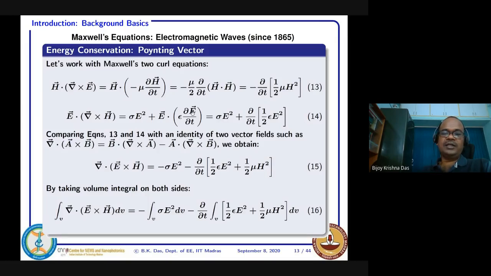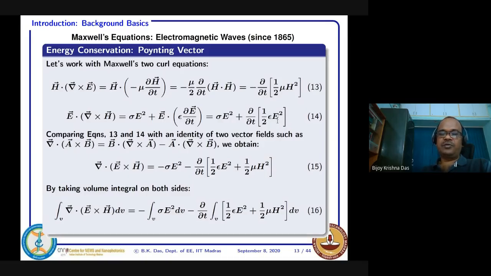And then the del D del t term, that is epsilon del E del t, dotted with E. Again, you simplify and you will get sigma E square plus del del t of half epsilon E square. So again, this one is the energy density due to the electric field.